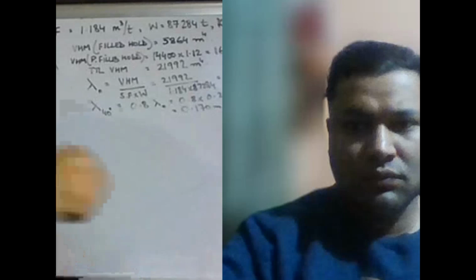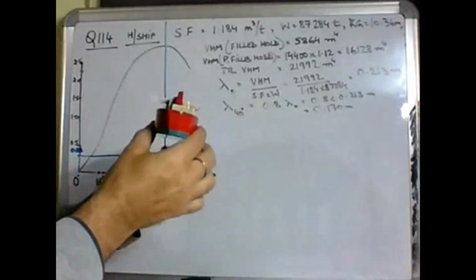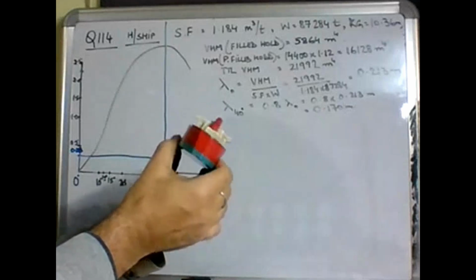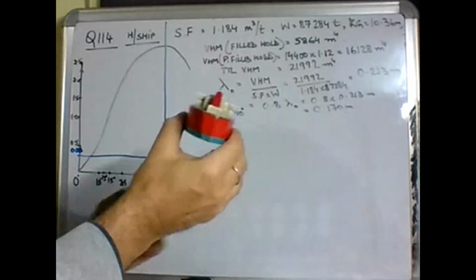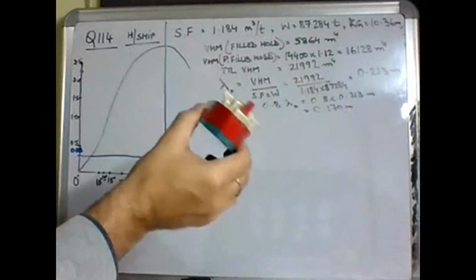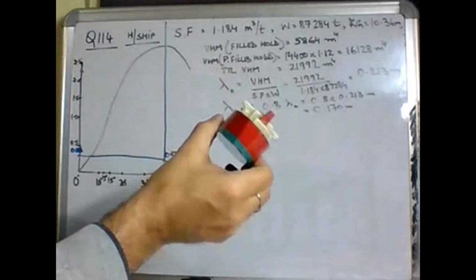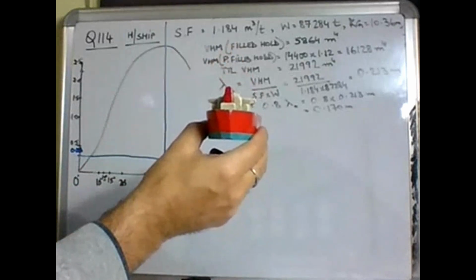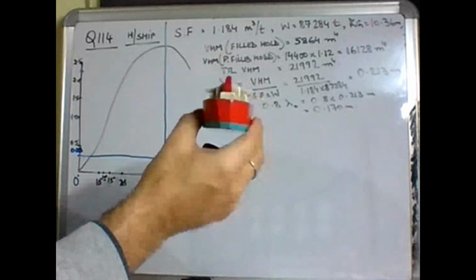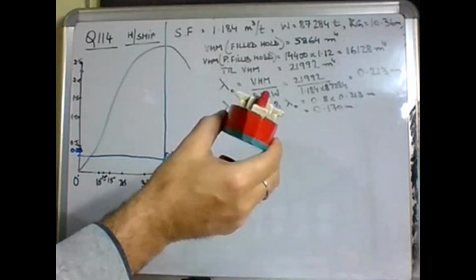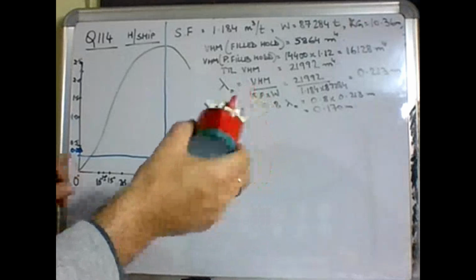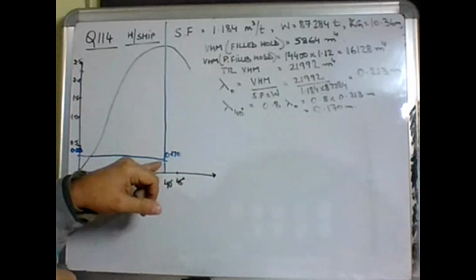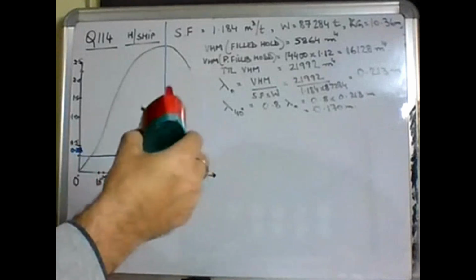That means if my ship has a partly filled hold, due to shift of grain of this partly filled hold and due to the fully filled hold, the healing moment created would be equal to 0.213 for 0 degree and 0.170 for 40 degree angle of heel.